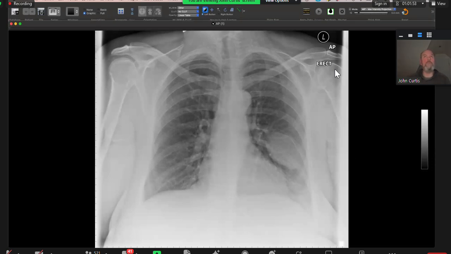So in summary, the top differential will be a lung malignancy with bone metastasis. I would compare with previous imaging, do a CT thorax with contrast for further evaluation and refer to lung MDT.